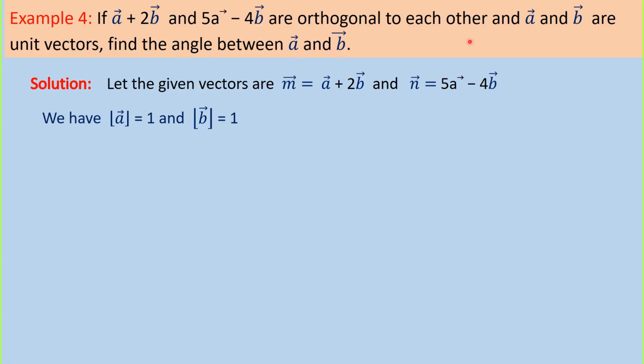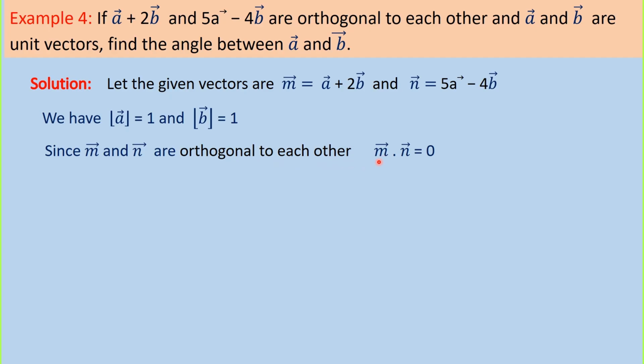Again, vector M and vector N are orthogonal to each other. Orthogonal means perpendicular to each other. Then vector M dot vector N is equal to 0.